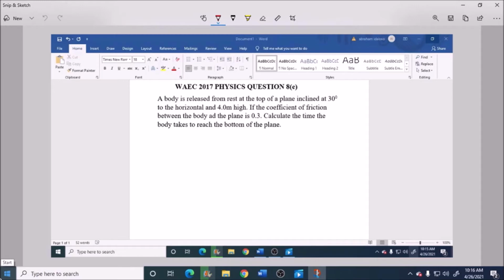Alright, so let's quickly have a diagram of the plane. So here we have 30 degrees.